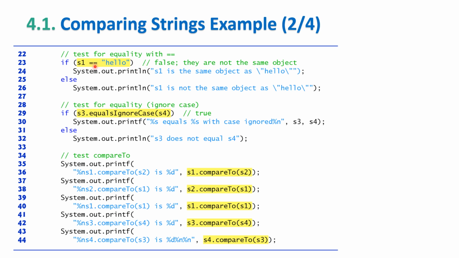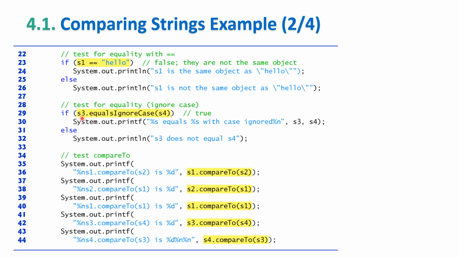The equality operator also returns a Boolean value. If this equality operator returns true, the program displays the message that s1 is the same object as hello. Otherwise, it displays the message that s1 is not the same object as hello.